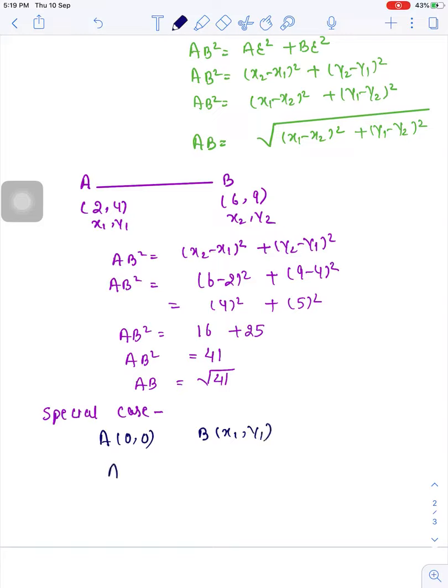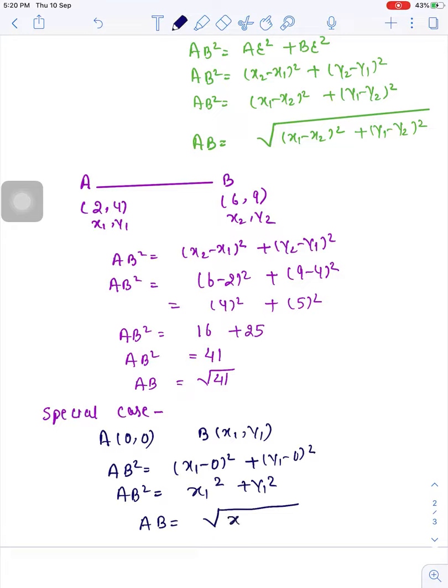So how can we calculate with the formula? Look everybody. AB square is equal to x1 minus 0 square plus y1 minus 0 square. So we can see that AB square is equal to x1 square plus y1 square. So AB is equal to under root x1 square plus y1 square.